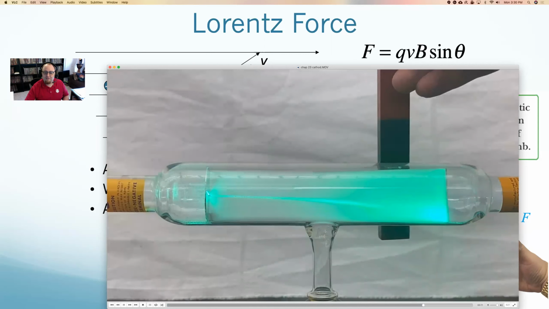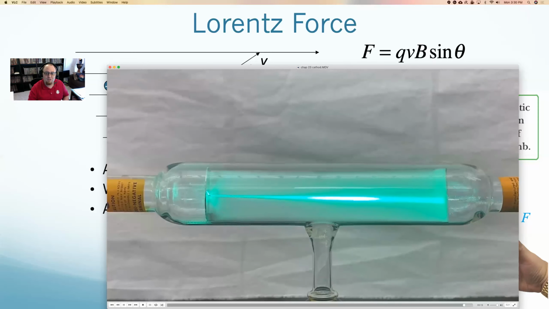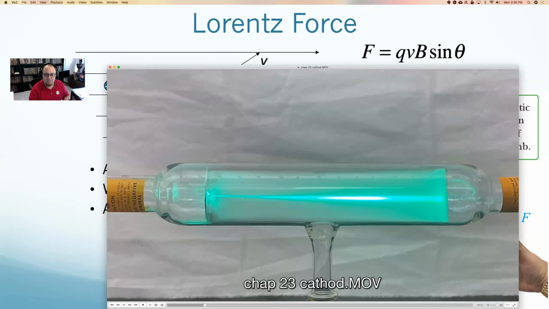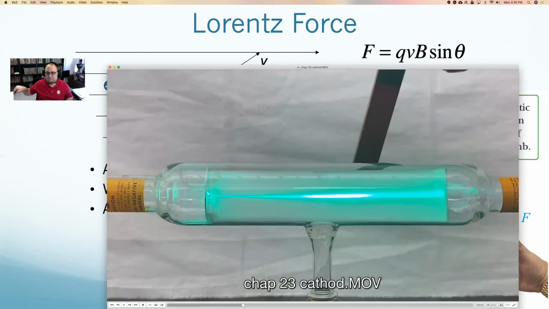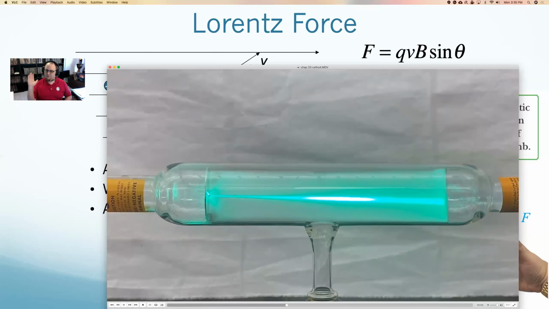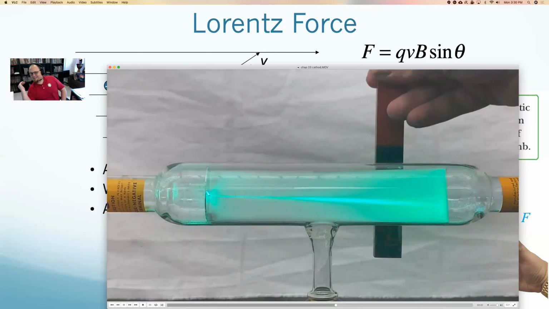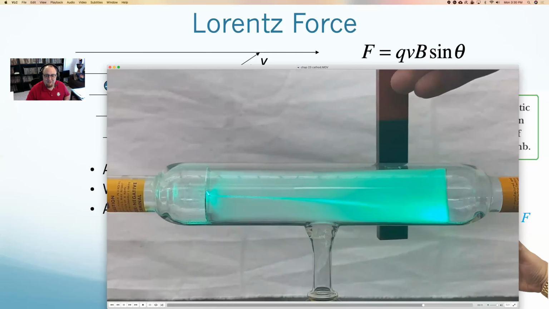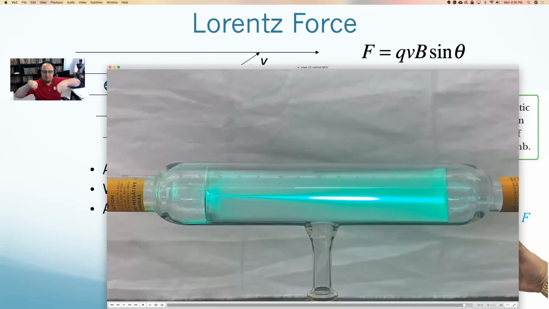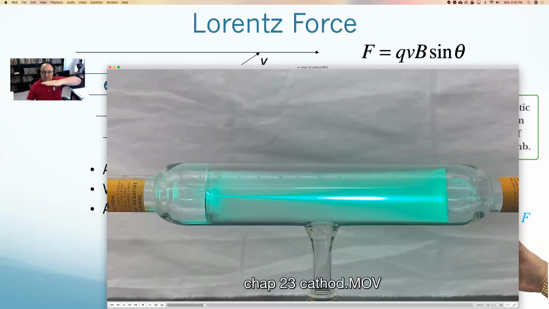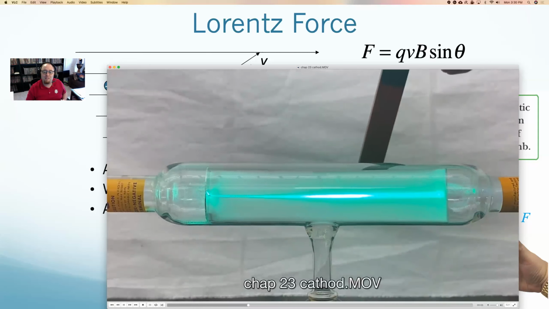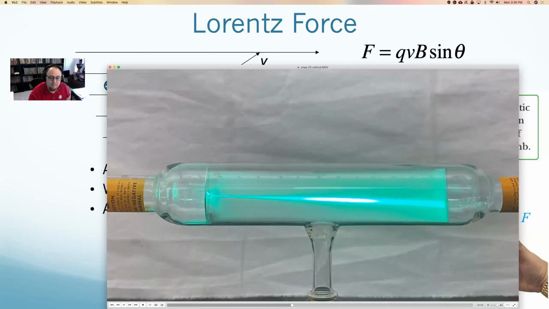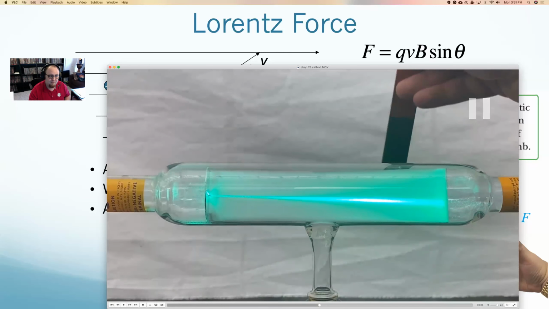I'm adding a B field either into or out of the screen, depending on whether I use the north or the south. But even though I'm adding a magnetic field into and out of the screen, it's bending up and down, perpendicular, because they will always bend perpendicular.